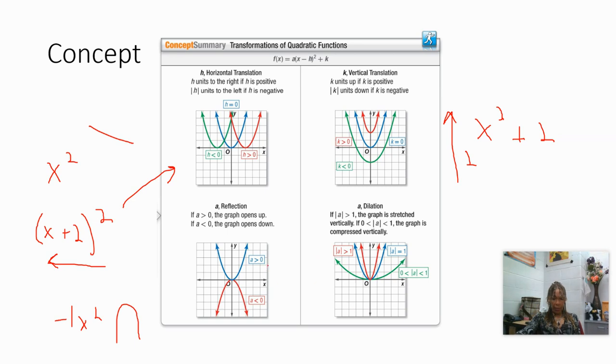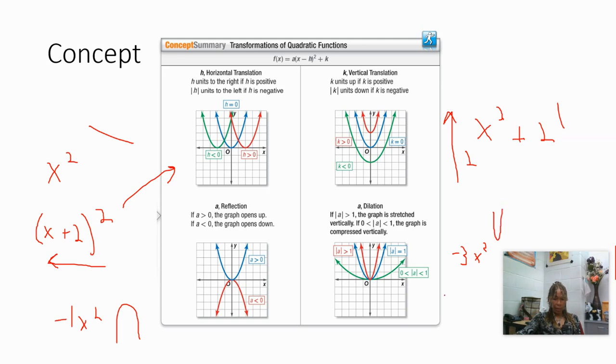And if the absolute value of a, my first term, is greater than 1, for example, say I multiply it by -3, the absolute value of -3 is greater than 1, it's going to narrow significantly, and I'll have a very narrow graph.